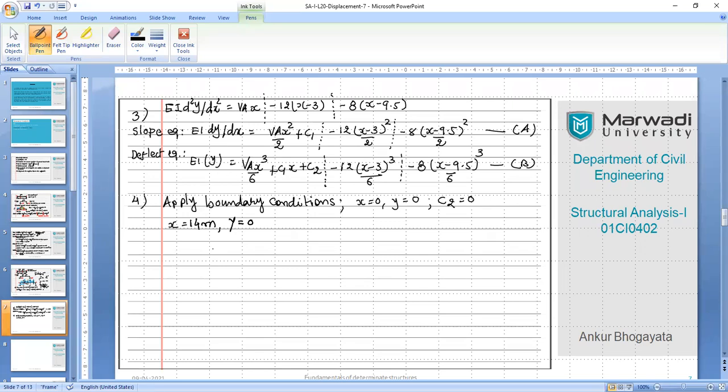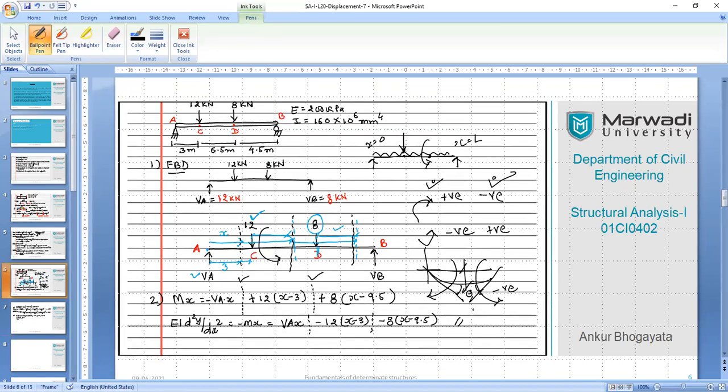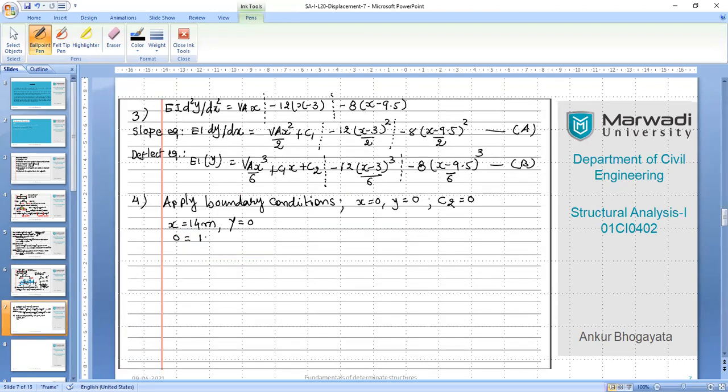Now let's see how we obtain the value of the constant C1. So 0 equals, C2 is already 0, so we will follow that. What is the VA value? VA is 12. So 12 into 14 cubed divided by 6, plus x is 14, so 14 into C1.